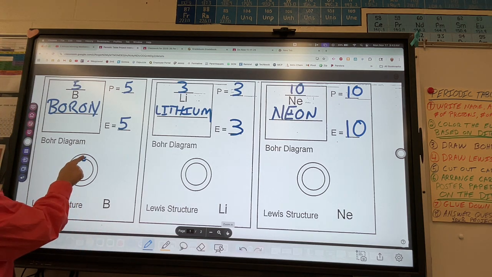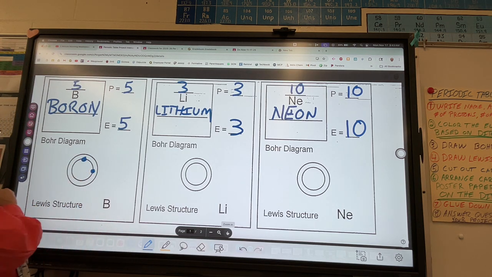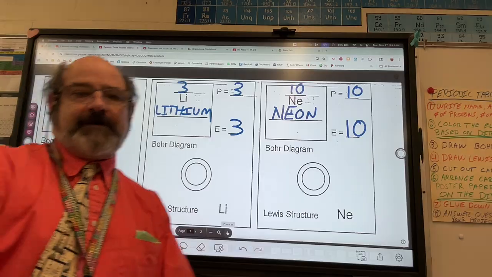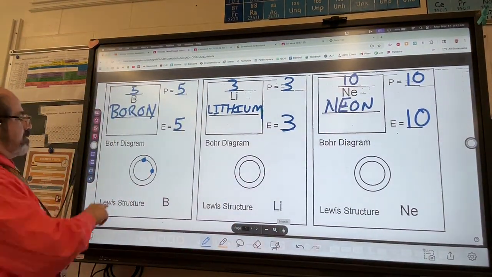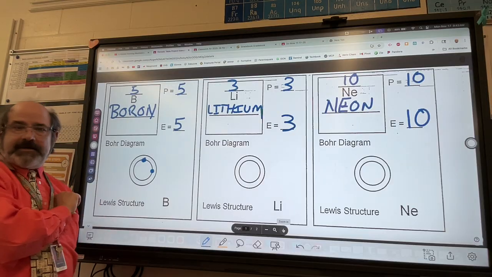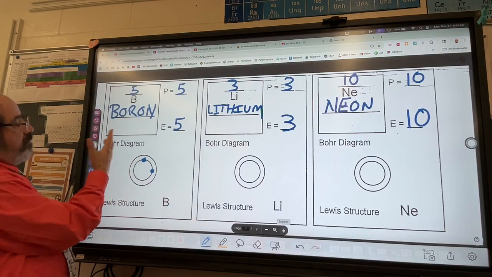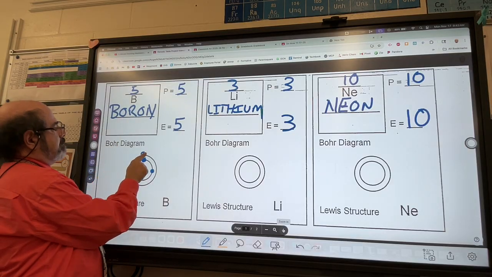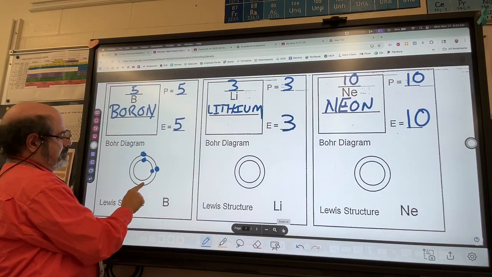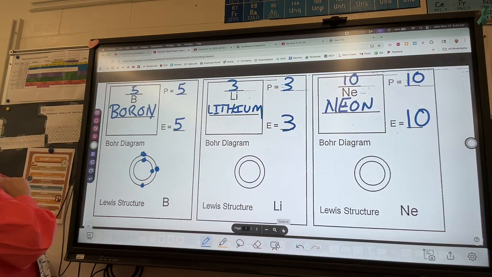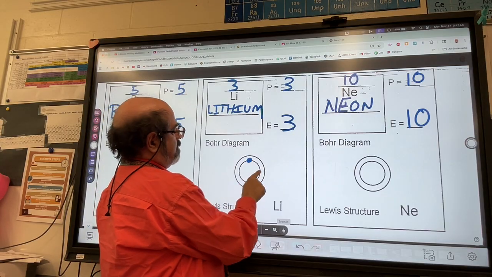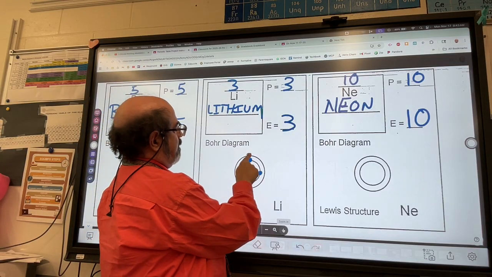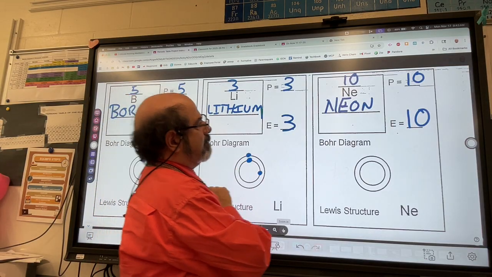So put them there. 1, 2. So now the shell is full. So now we need homes for 3 more. 1, 2, 3. So now to lithium. Lithium has 3 electrons. 1, 2 in the first shell, and 1 in the outer shell.